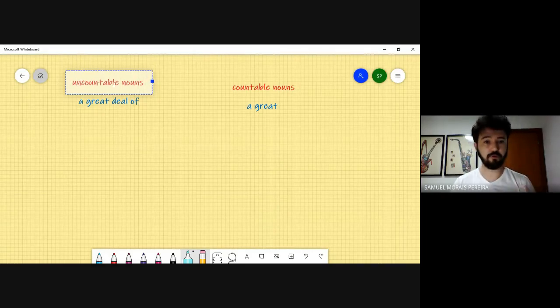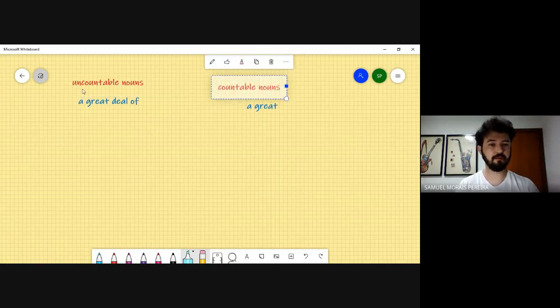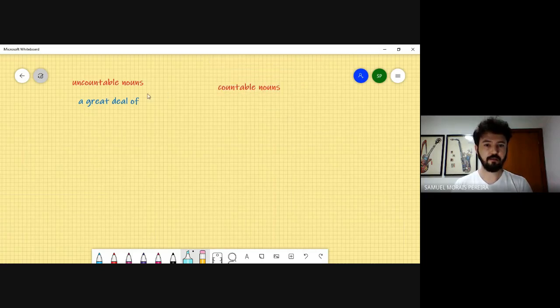And you know by now that there are some words and some expressions that we can only use with countable nouns, and there are other words that we can only use with uncountable nouns, okay? And there are other phrases in English that show you quantities, okay?